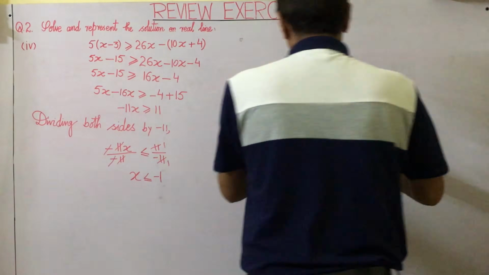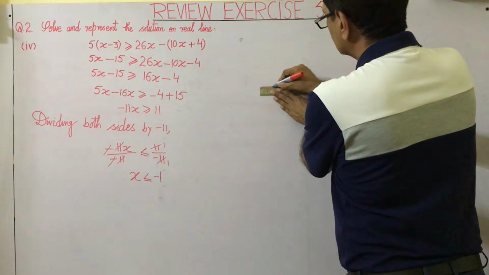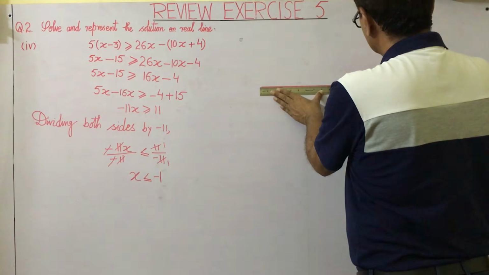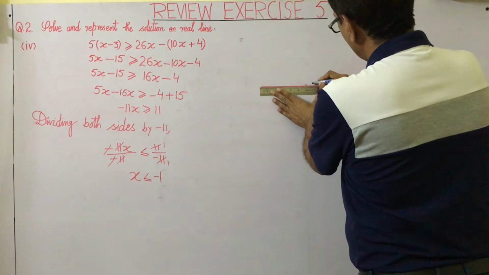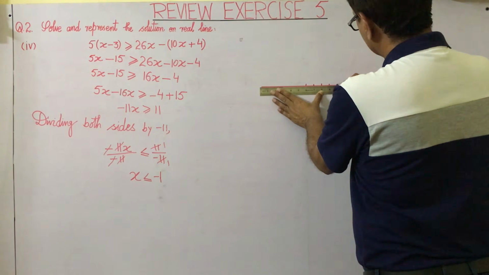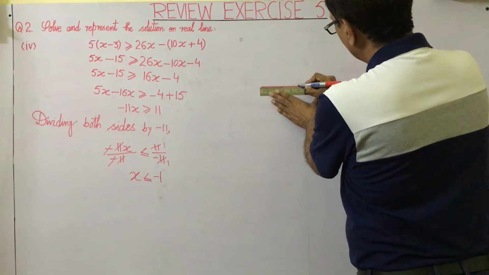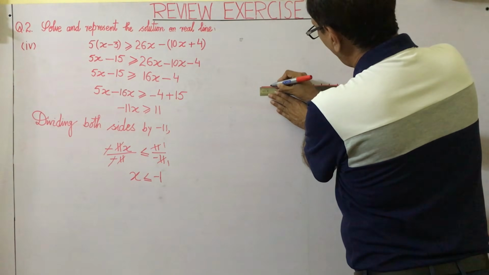Let us represent it on a number line. We will mark equidistant points on the number line. I am using 1 inch.